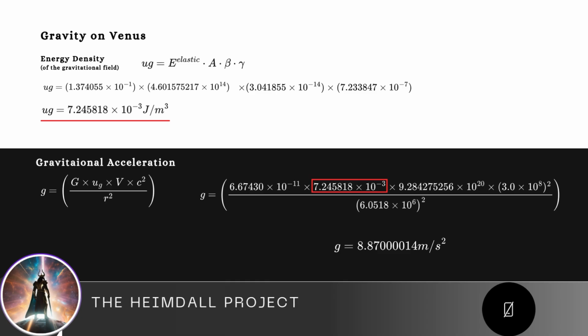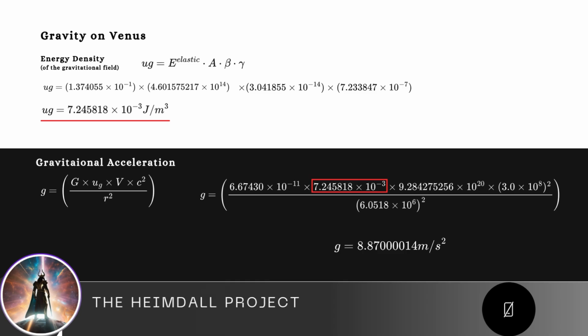So now we can really think about what is happening in this equation. So we went through the energy density calculation, which calculates the elastic energy potential of the interacting space-time with the geometry of the celestial body.